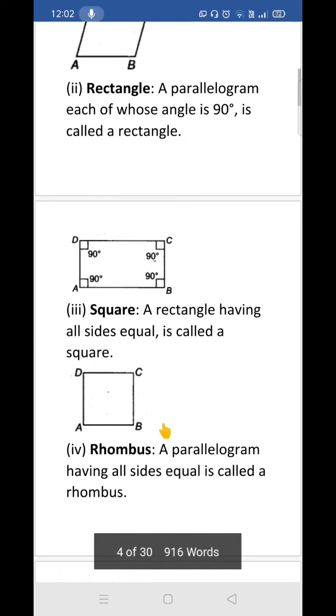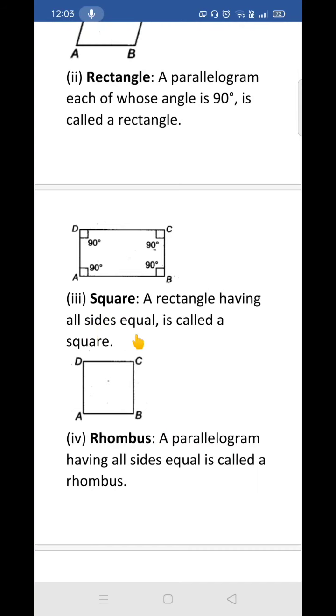Now the next thing is the square. A square is a rectangle which has all sides equal.